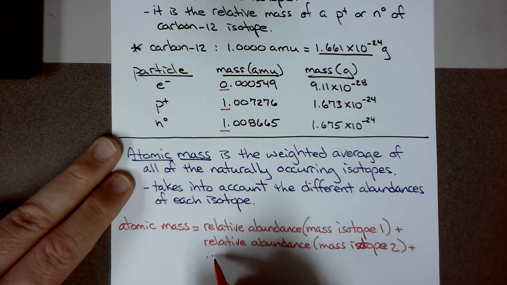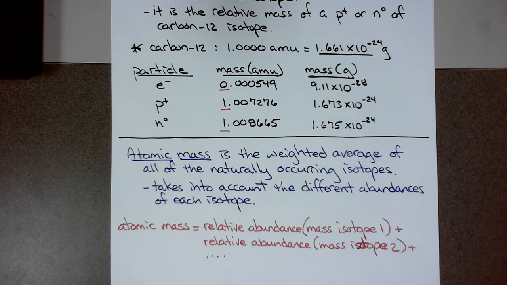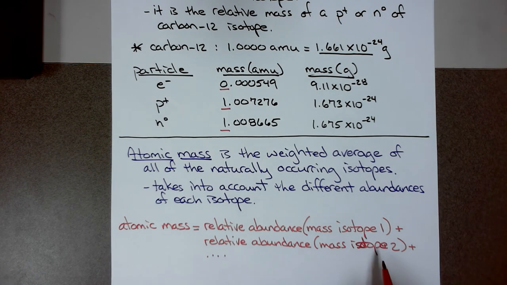So if you have 3 isotopes, you would take the relative abundance of each of those and multiply it by the mass of that isotope, and so forth.